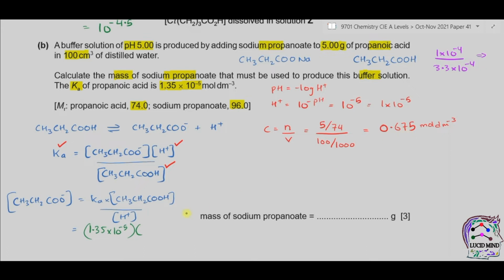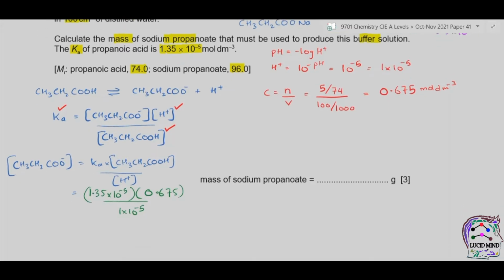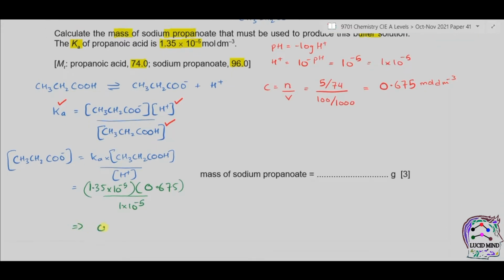Concentration of acid is calculated, it is 0.675. Concentration of H⁺ ions is also calculated from pH, it is 1 × 10⁻⁵. It comes equal to 0.912 mol/dm³. This is the concentration of CH3CH2COO⁻, which is propanoate ions.